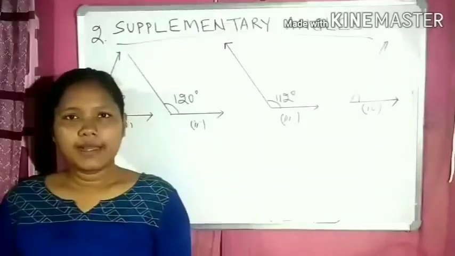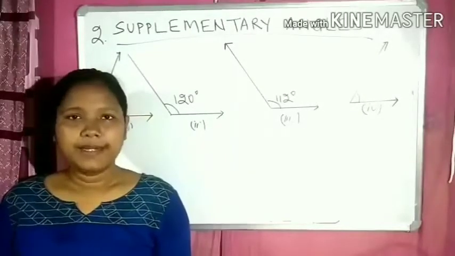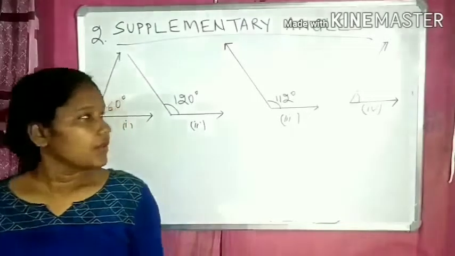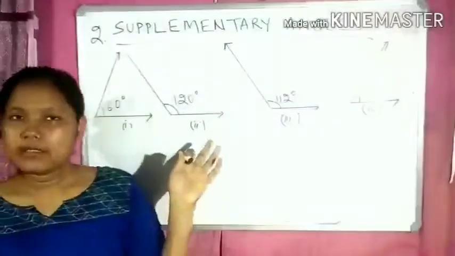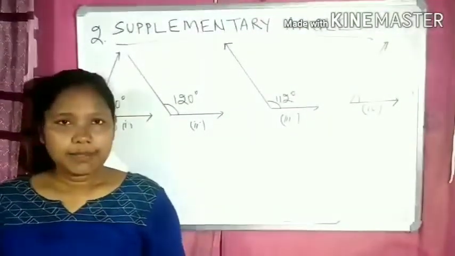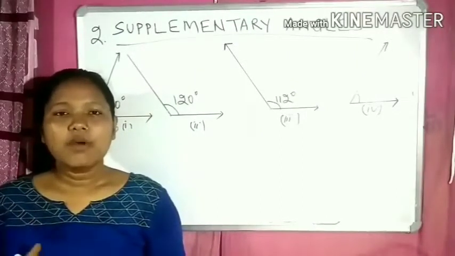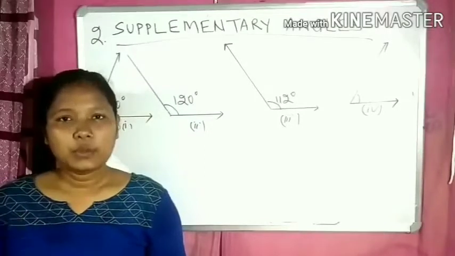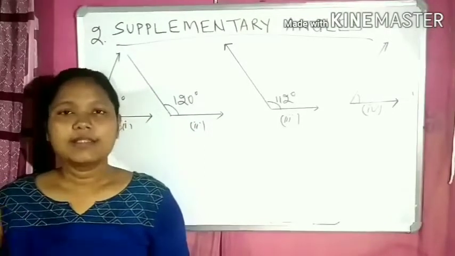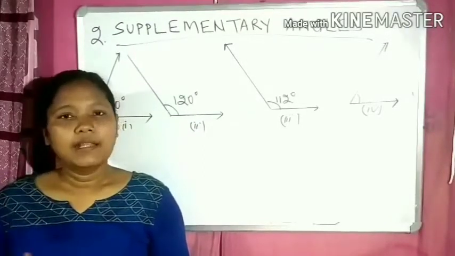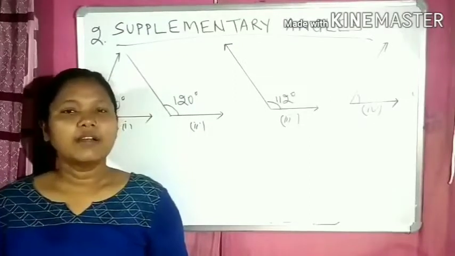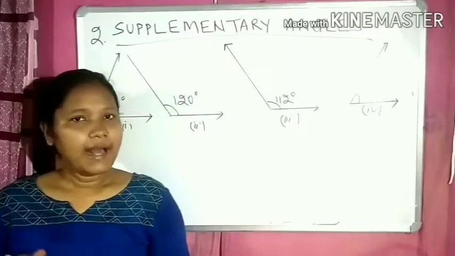Number 2 related angle is supplementary angle. So how will you say what is a supplementary angle? When the sum of the measures of two angles is 180 degrees, then those two angles are called supplementary angles.